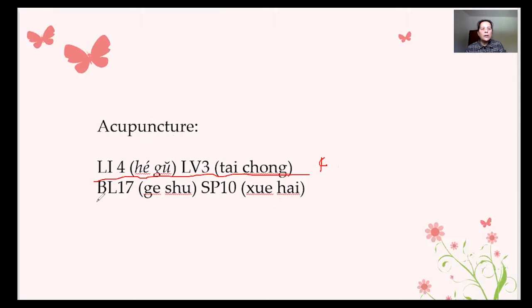And we also need to move blood: Bladder 17 and Spleen 10. These two points are pretty good for blood disorders. We can use them for tonifying blood, and we can use them for moving blood and removing blood stasis.